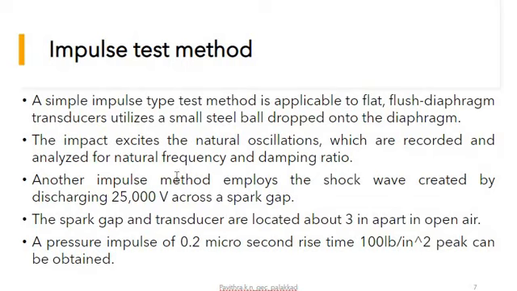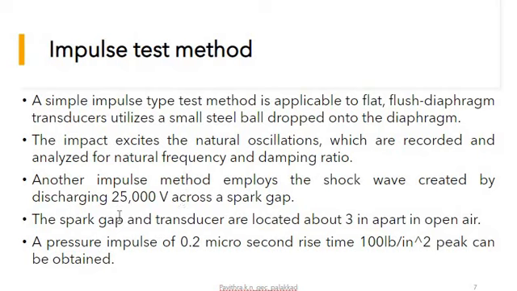Another impulse method employs the shock wave created by discharging 25,000 volts across a spark gap. So this is one impulse testing method, and this is another. In the first method we are dropping a small steel ball onto the diaphragm and creating shock waves, and in the other method we are discharging 25,000 volts across a spark gap in order to create a shock wave.